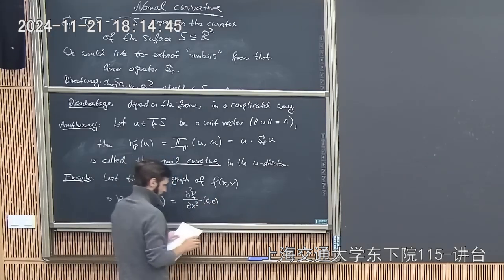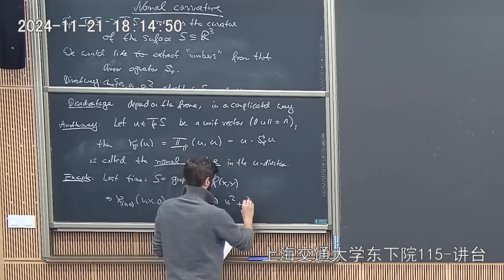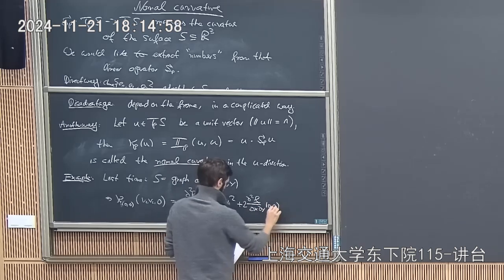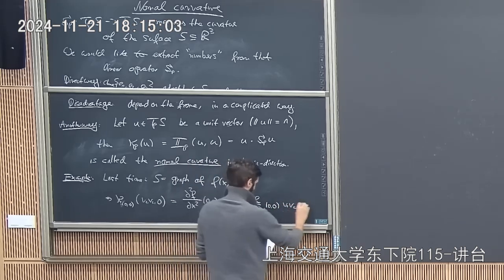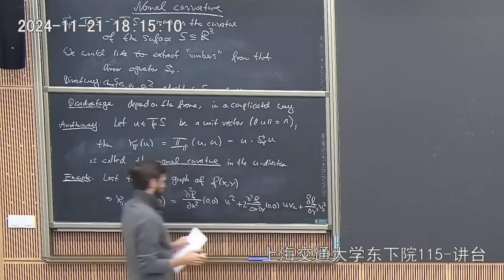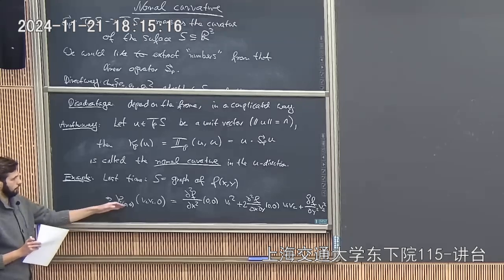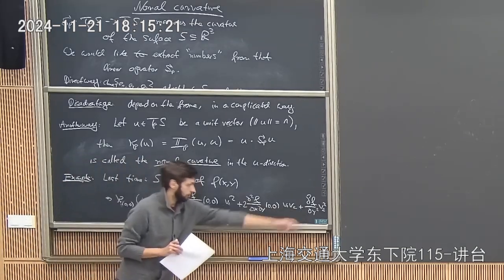this normal curvature has the following form. So you can calculate the curvature in that case very explicitly in terms of the second derivatives of the function.